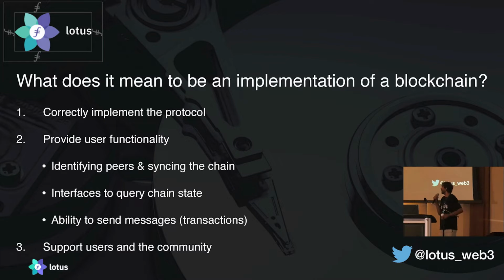The third point that I had here is support users in the community, and I wanted to make this explicit. It kind of goes without saying on some level. Anyone who's building a piece of software has to be supporting their users, whether that's with documentation or troubleshooting or identifying scope for improvement. But I do think implementations of blockchains are at an interesting place here, because you often wind up being, to your users, the face of the protocol itself.